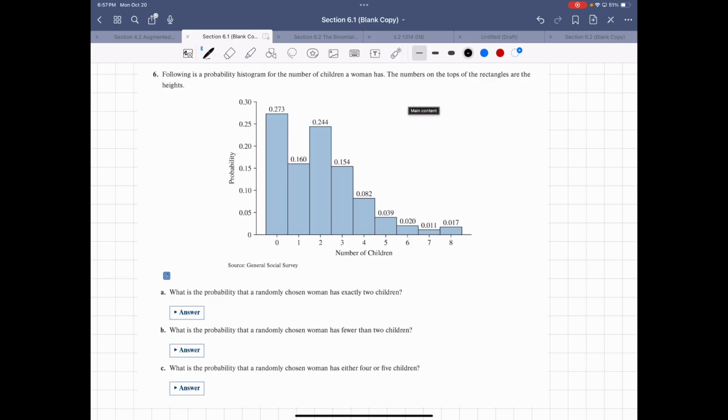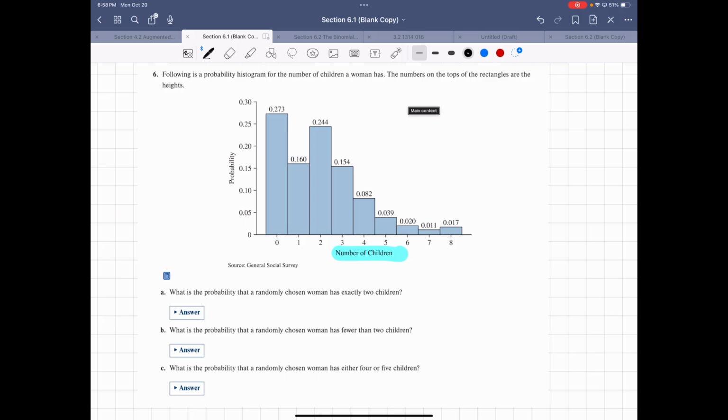The horizontal axis is the number of children, okay? You'll note that the probability of 0 children is 0.273. That the woman has no children, there's about a 27% chance. This does not tell me the age of the females or the age range of the females. That makes a big difference.